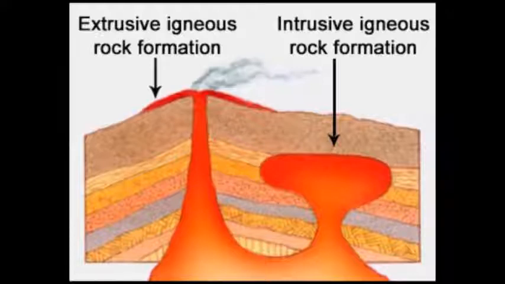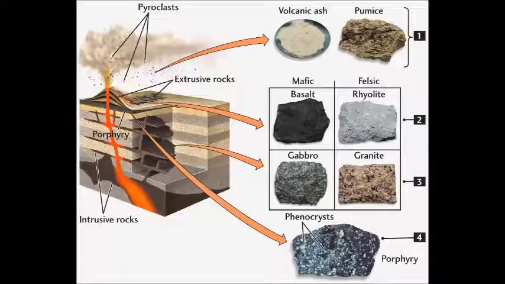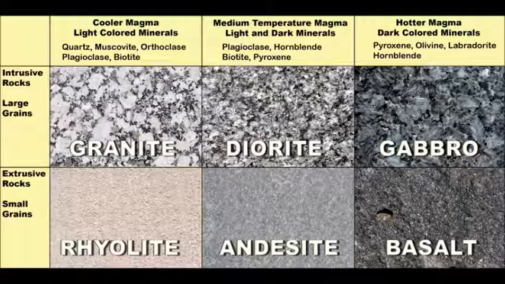The rocks which are formed within the surface of the earth are called intrusive igneous rocks. These rocks are made of large crystals and are found at great depth inside the earth. Examples for intrusive igneous rocks are granite, diorite and gabbro.